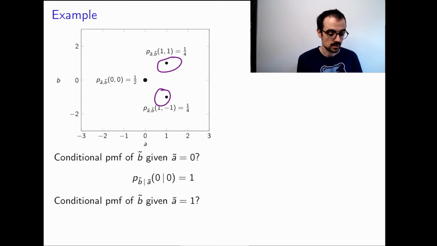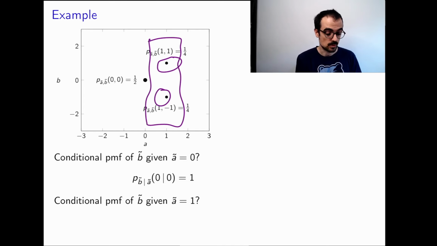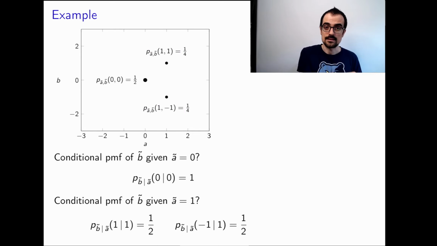Because remember, we take a slice of the PMF and then we have to renormalize by the probability that A is equal to 1, which is equal to 1/2, in order to obtain a valid conditional PMF. So the conditional PMF is going to be 1/2 on 1 and 1/2 on -1. Clearly, they are not independent. They are in fact completely dependent.